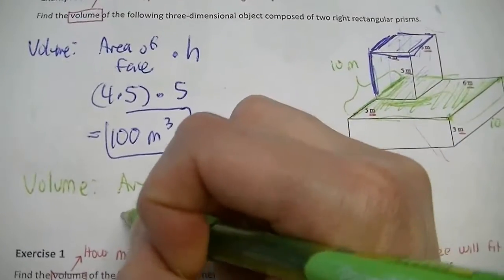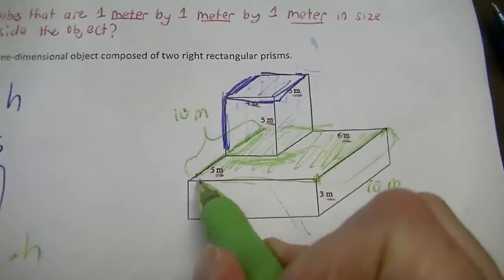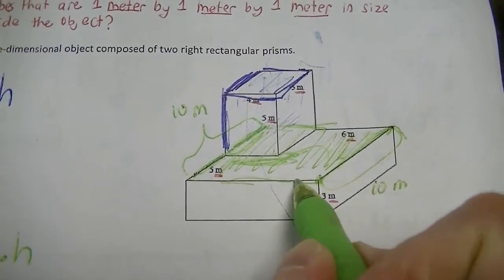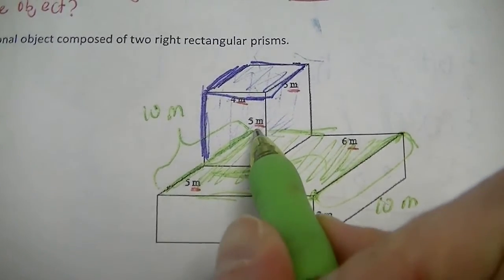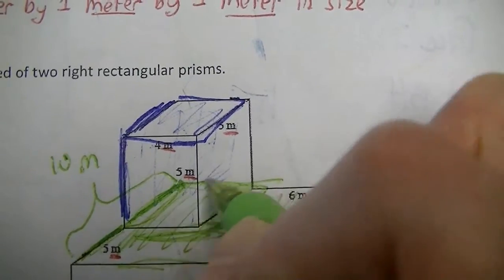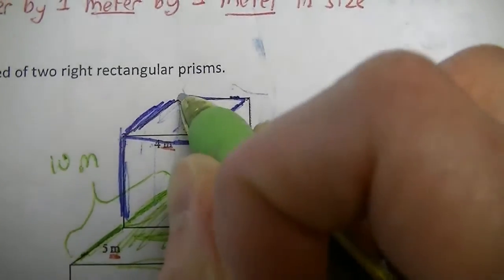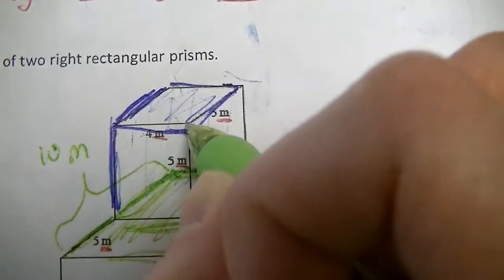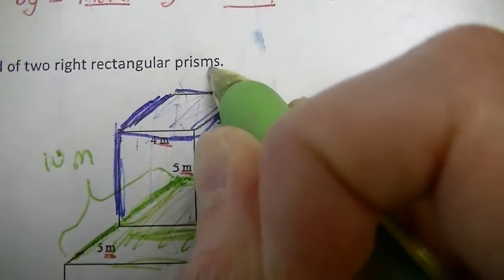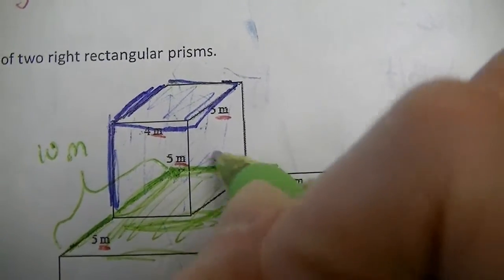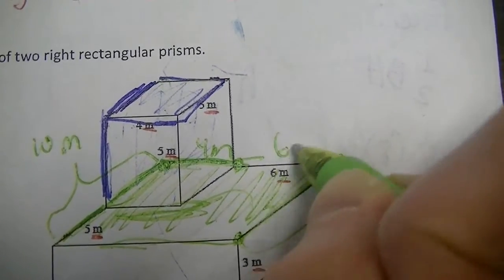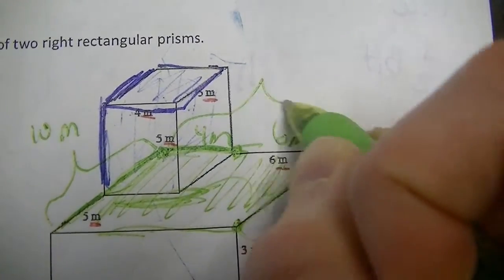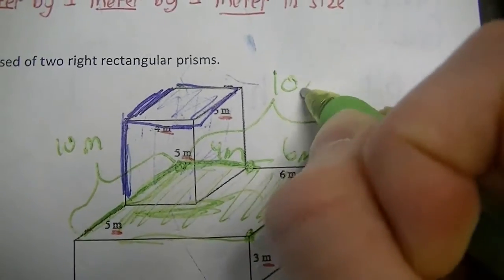So we go 10 multiplied by, right here, this length is also 10 meters, because if you go straight up, from there to there is 4 meters, and from here to here is 6 meters. So this entire length is 10 meters.